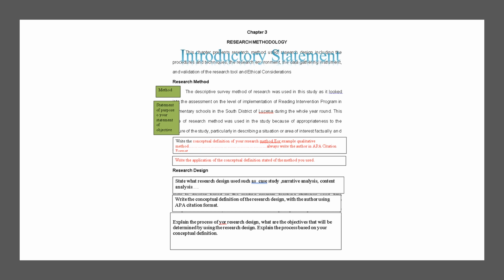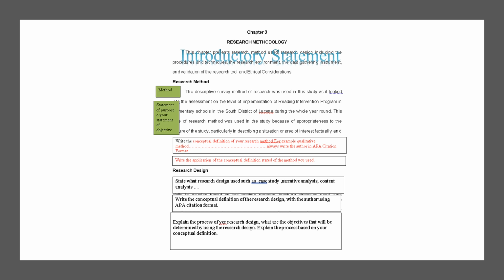After that, write the conceptual definition of your research method, for example, qualitative method. So choose an author with credibility in research, and always write the name of the author and the year in APA citation format.